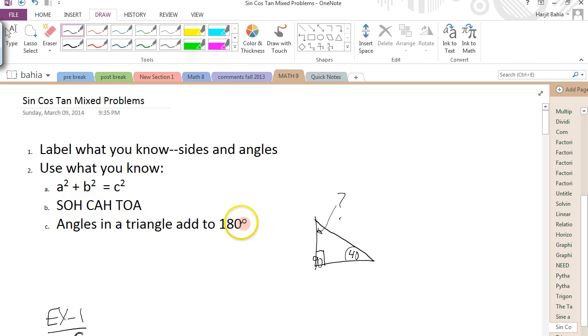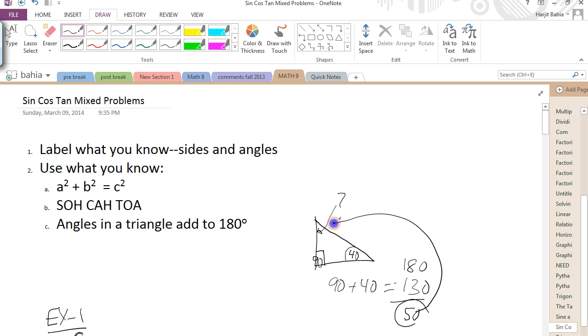You can just use the fact that the angles in a triangle have to add to 180. Well, if that's 90 and that's 40, it's 130 so far, it all has to add to 180, so that missing bit must be 180 minus 130, that's 50. So sometimes you don't have to use any of these two things. You can just use the fact that angles in any triangle always add to 180.